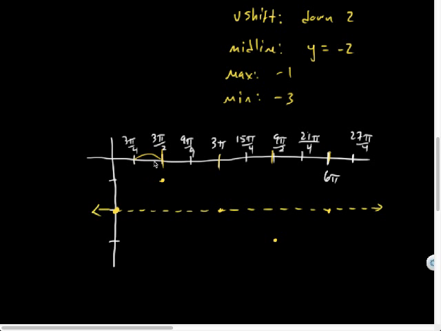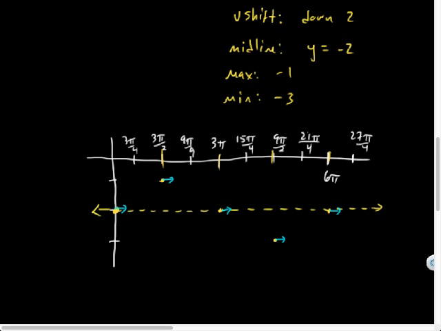I'm going to shift now all of these points to the right by pi over 4. Now, these tick marks are 3 pi over 4, so technically a third of that would be what I'm shifting by, okay? So I'm shifting this over a third of my tick mark, right?